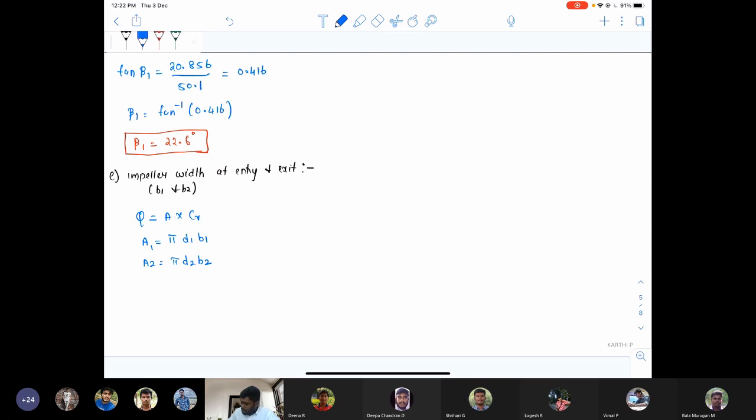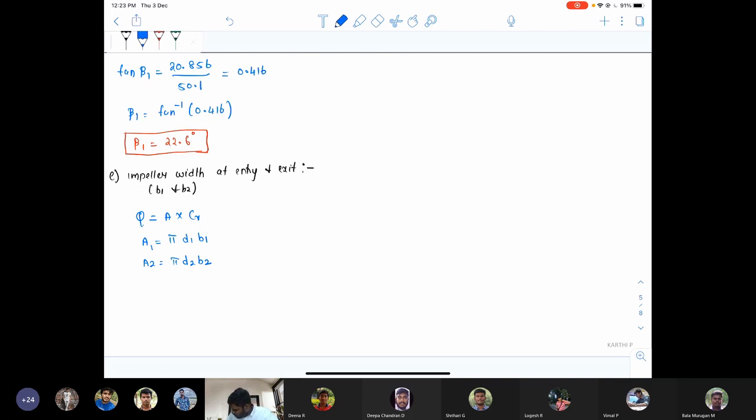In order to find the value of b1, you can substitute this area here.